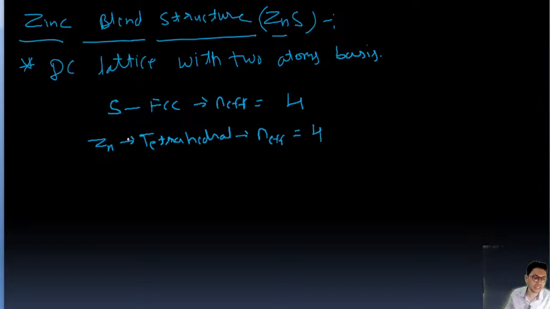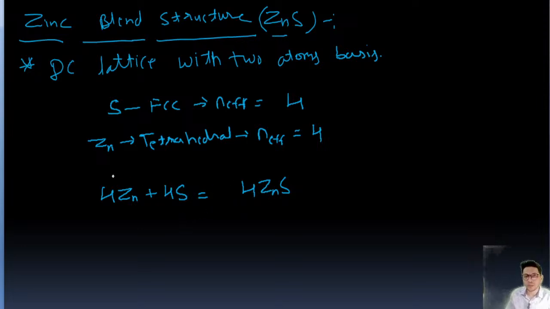So both have N effective 4, for S and Zn. It means 4 Zn plus 4 S equal to 4 ZnS. So this is the structure.